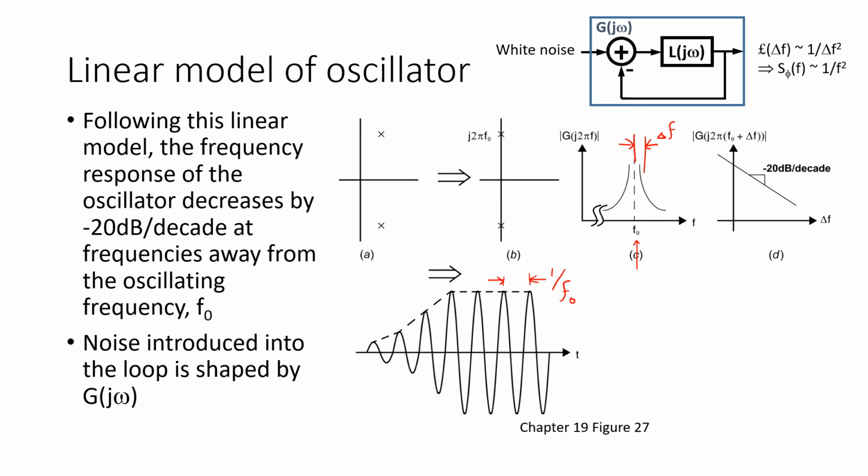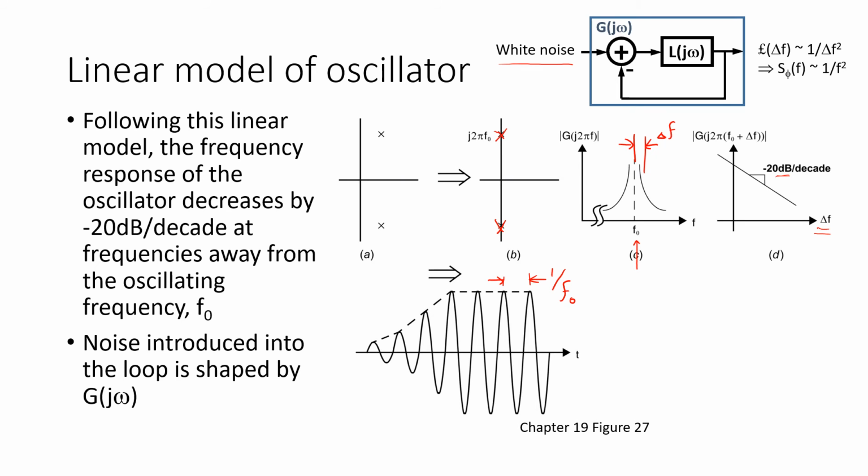Plotting this response on a log scale, a dB scale on the y-axis, you'd see that as you increase delta F and move away from the oscillating frequency F0, this magnitude response rolls off with a slope of 20 dB per decade in response to these poles on the j omega axis. So white noise introduced here will get shaped by this 20 dB per decade response.